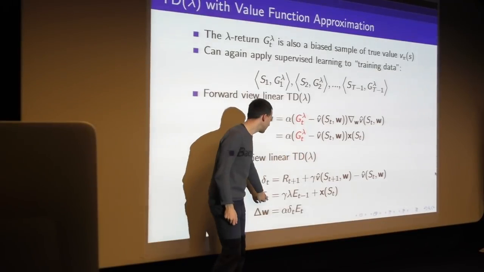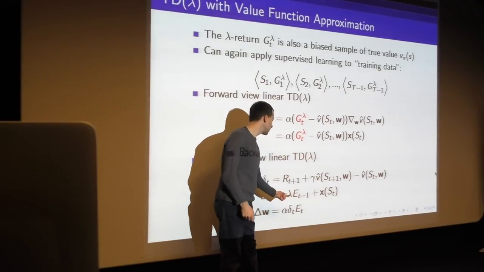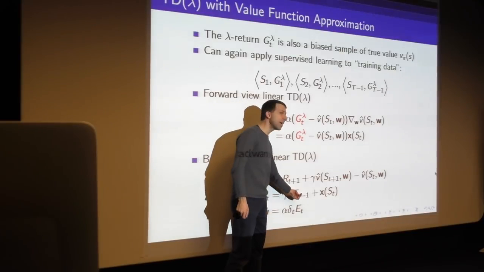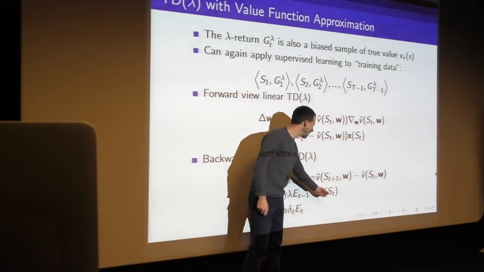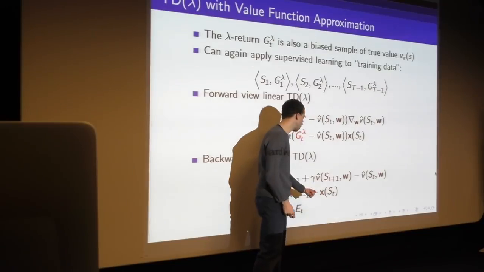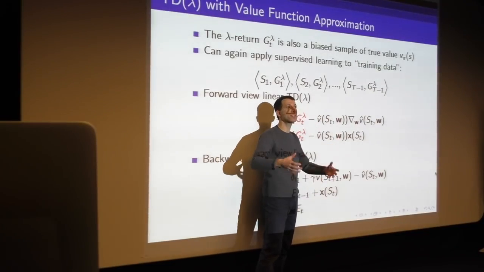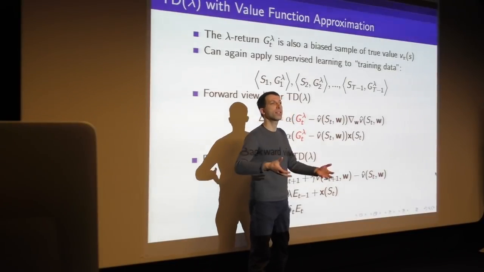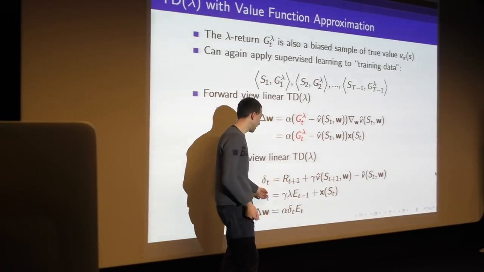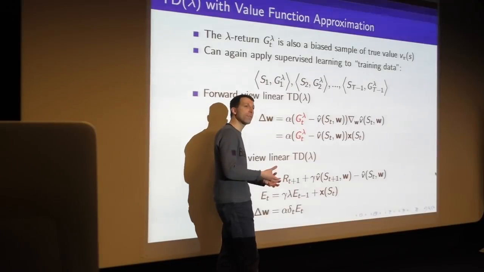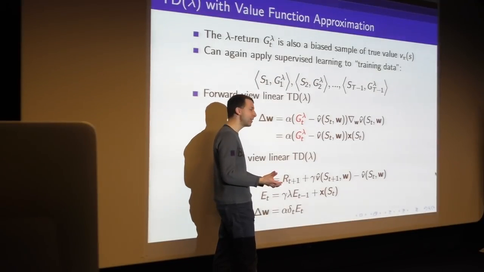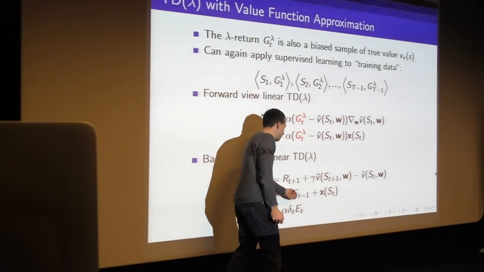So the eligibility basically says, each time you take a step, we're going to decay our eligibility a little bit, but then increase it in the direction of all the features that you've seen. This is remembering all the features that you've seen so far according to their magnitude. So the eligibility trace is accumulating credit for the things that happen most and the things that happen recently, and then it decays over time again.